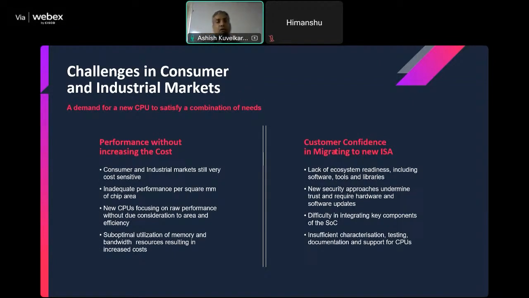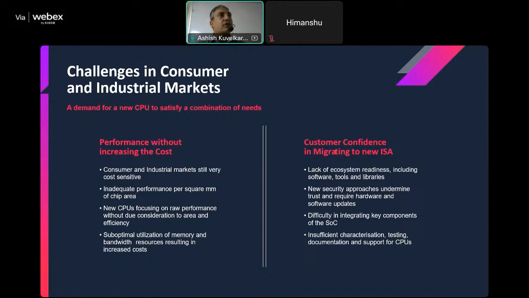If you look at the challenges of consumer and industrial markets, first of all, consumer and industrial markets are very cost sensitive. So everybody's focus is primarily on area.